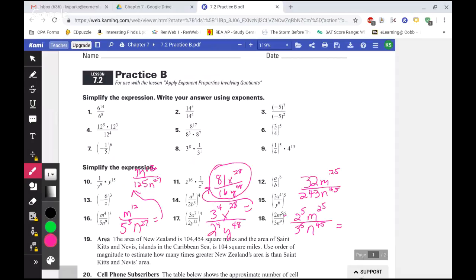But I'm going to distribute that 6 just like I have everywhere else to everything inside the parentheses. So I would have 1 to the 6th over 5 to the 6th. And 1 to the 6th is what?